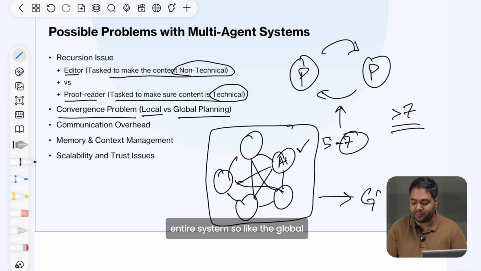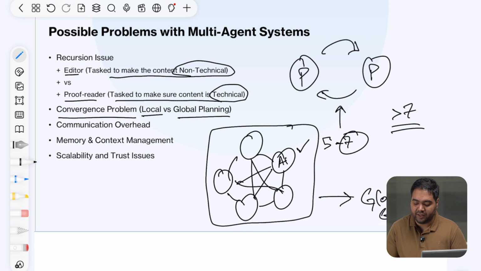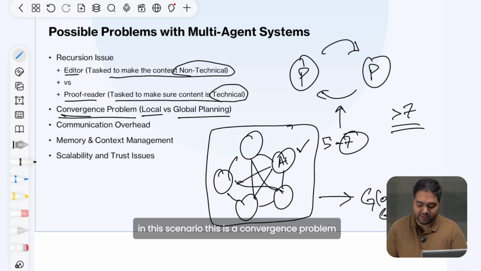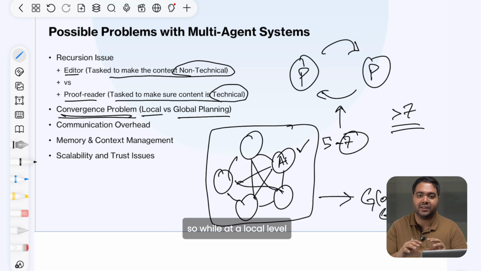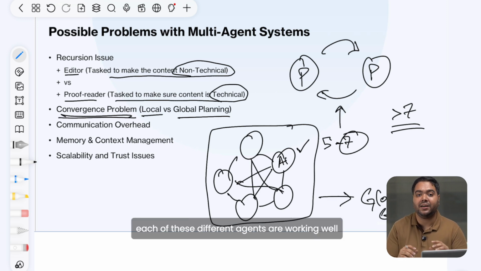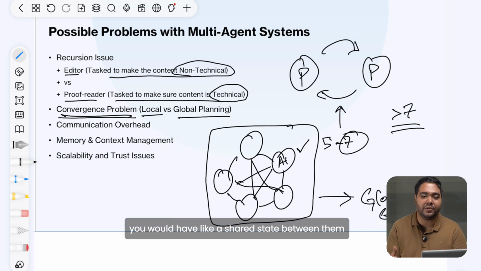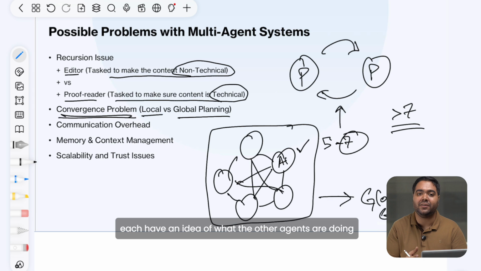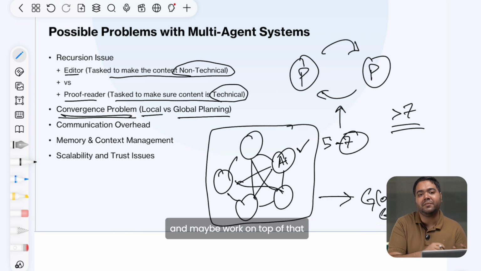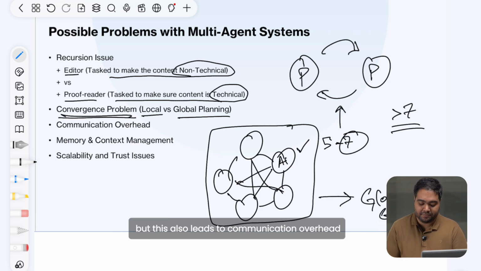In this scenario, this is a convergence problem. So while at a local level, each of these different agents is working well, in the overall system, it's not really working well. Maybe in this scenario, you would have a shared state between them, so they each have an idea of what the other agents are doing and maybe work on top of that. But this also leads to communication overhead.